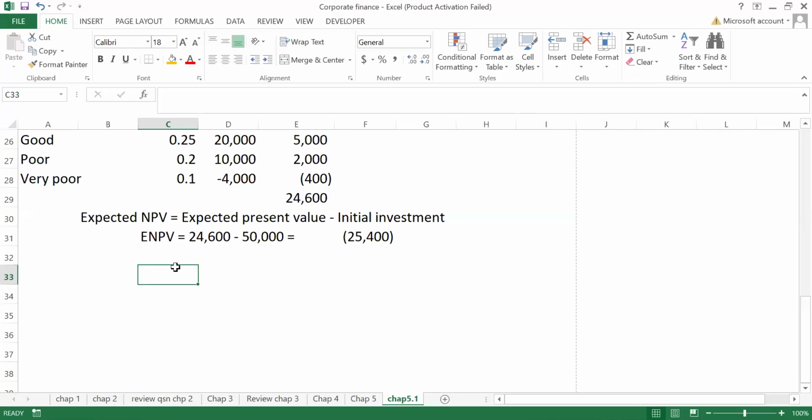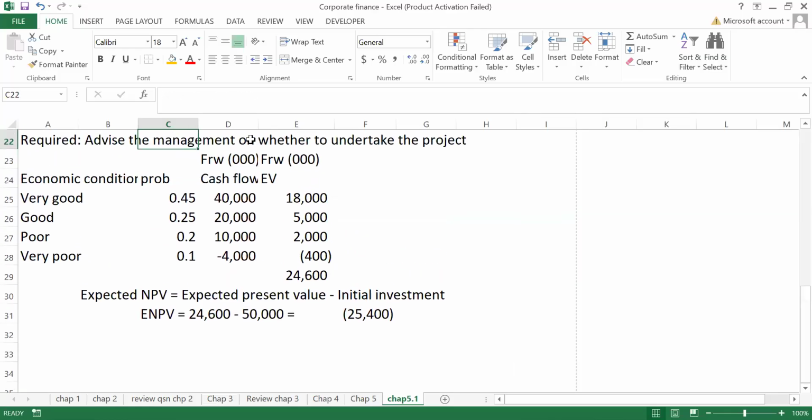When you are evaluating a project of more than 1 year, that's where we can have a challenge, because here we are expecting 1 year.